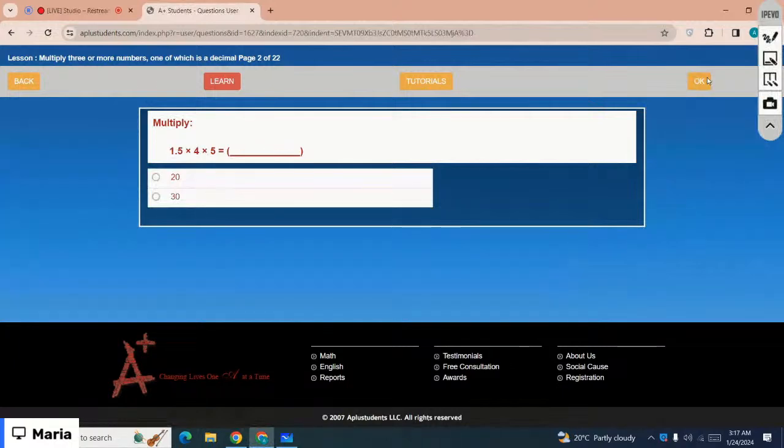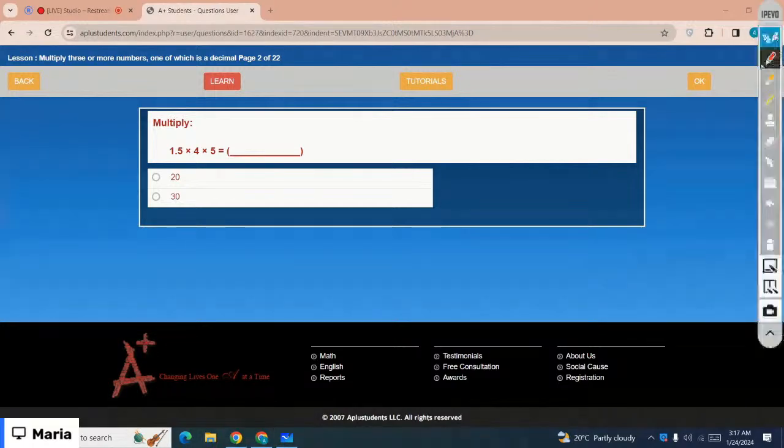Okay, the next one is 1.5 times 4 times 5. So which is the correct option? So let's just multiply 5 times 4 times 1.5. First, let's just multiply 4 times 1.5, right? So let's just multiply them without the decimal.